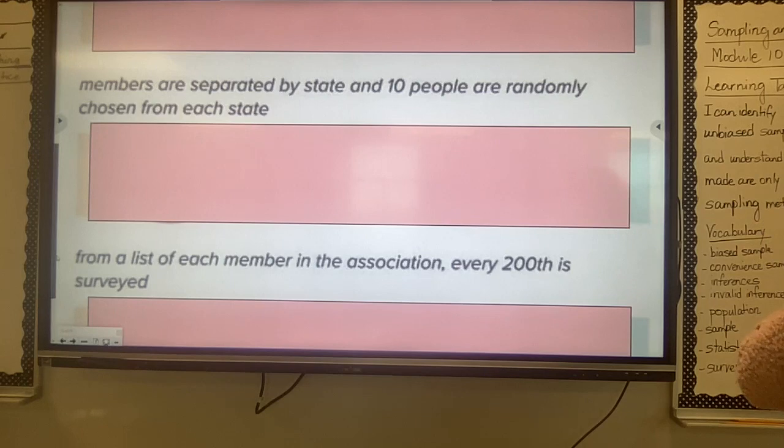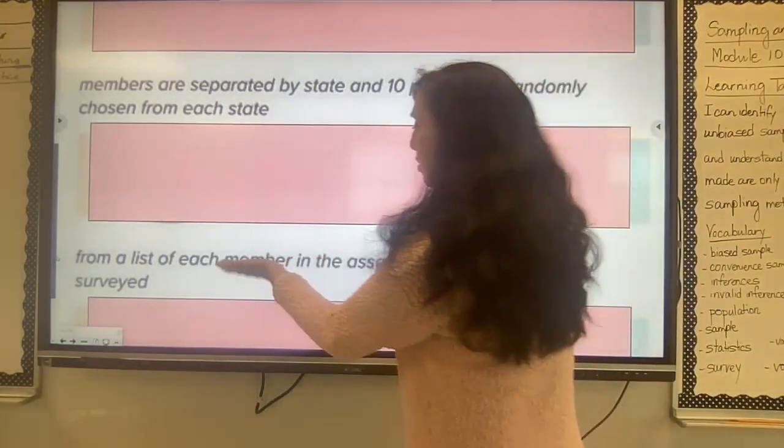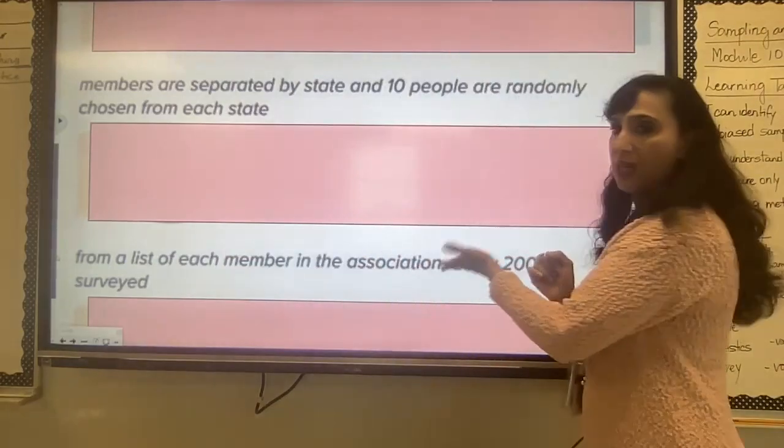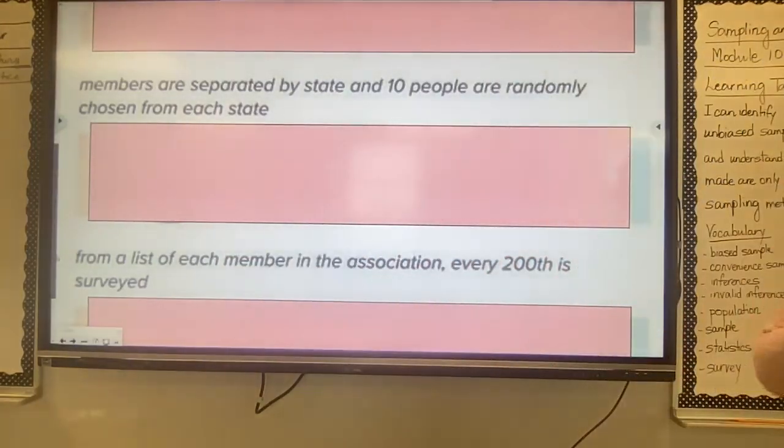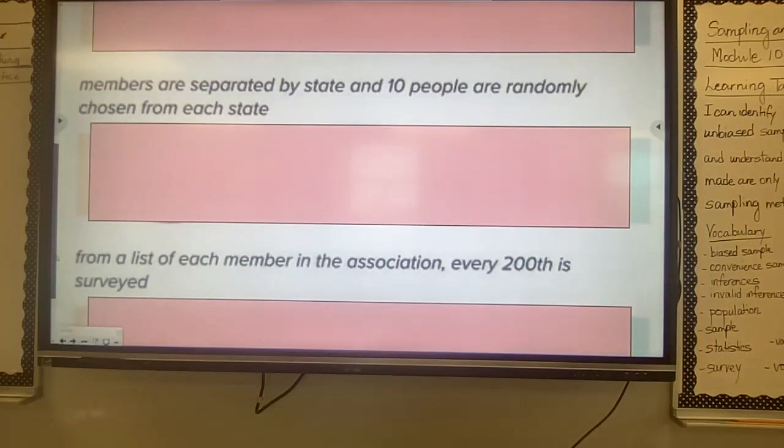The specific item is the list of each member in the association, and then every 200th is surveyed. So this one is a systematic random sample. That's an example of the three different types.